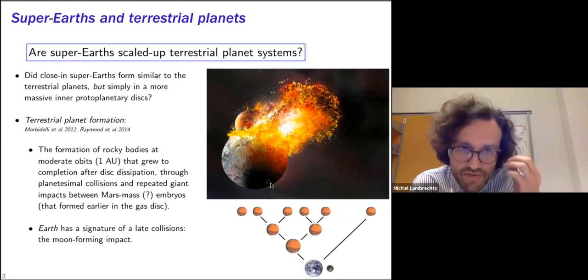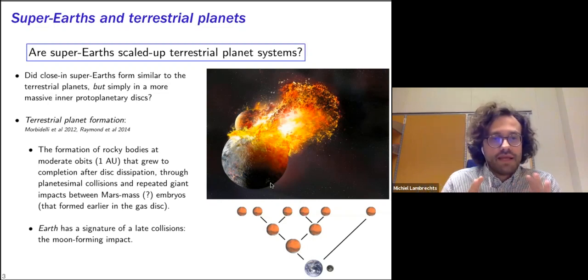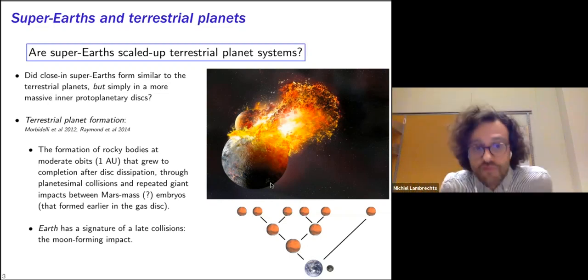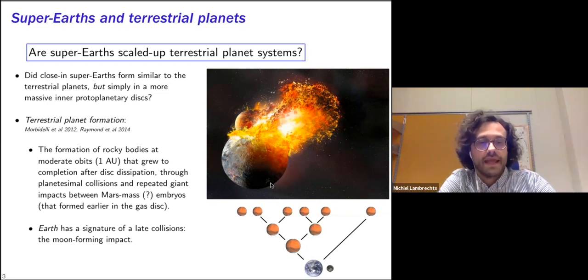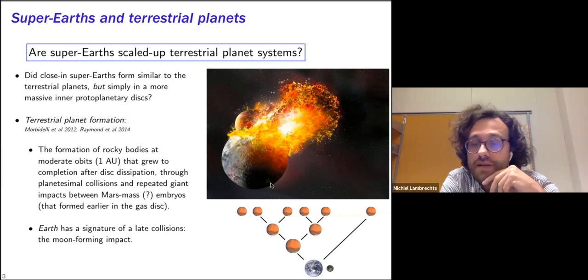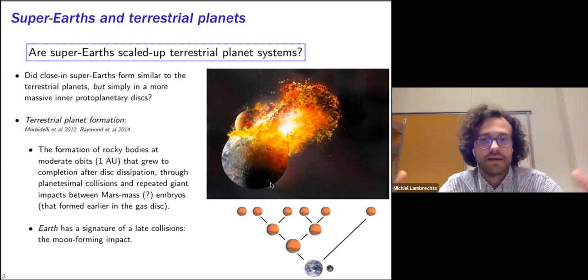And to be a bit precise about what we mean with terrestrial planet formation, I mean that is basically the formation of rocky bodies at moderate orbits, or like the Earth, about 1 AU, that grew to completion after the protoplanetary disk dissipated. That takes a few million years.